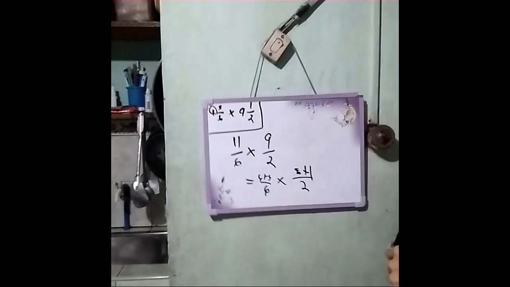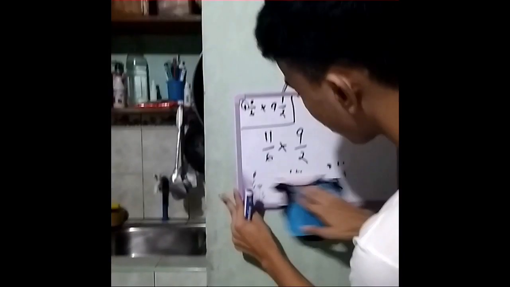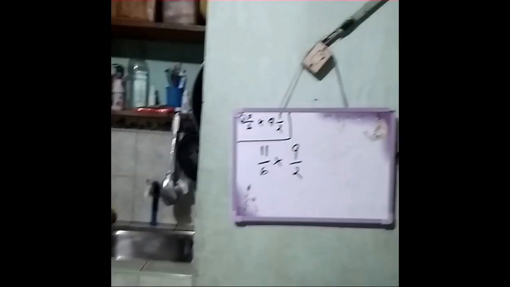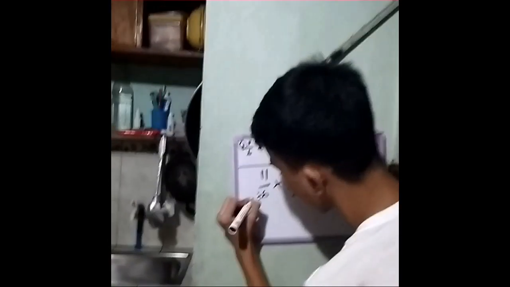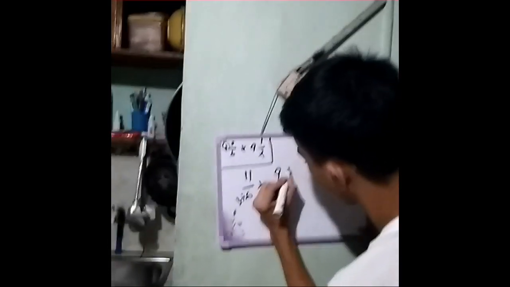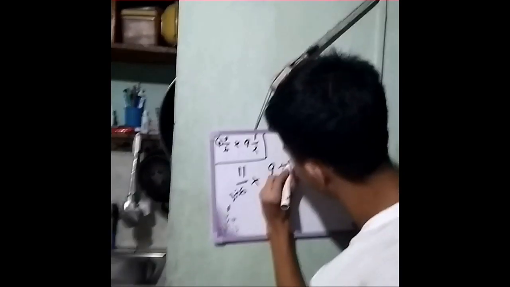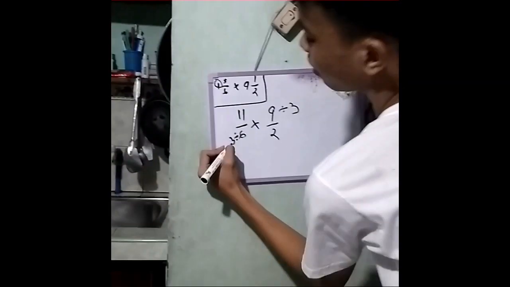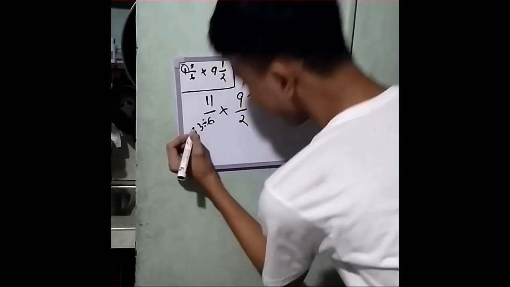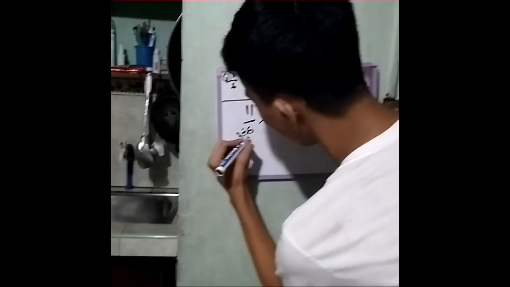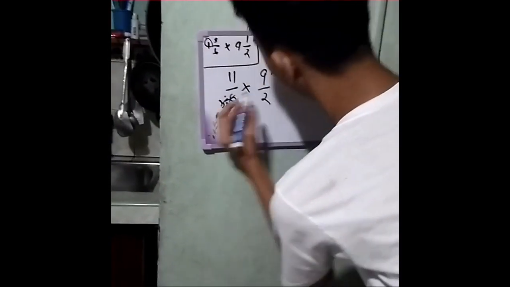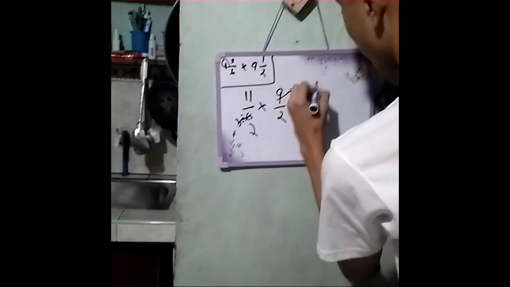Tsaka i-divide natin yung 6 sa 3 and pati yung 9 sa 3. 6 divided by 3 is equals to 2, and 9 divided by 3 is equals to 3.